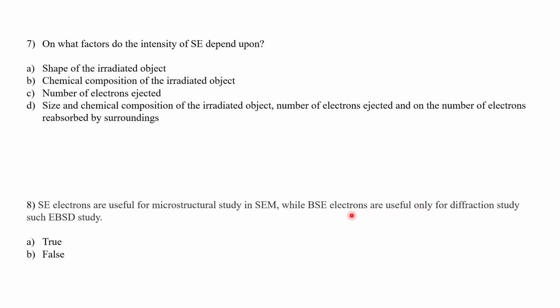So according to me, the secondary electrons are also used for contrast imaging as well. So according to me, this statement is false. So option B will be the correct answer for this case.